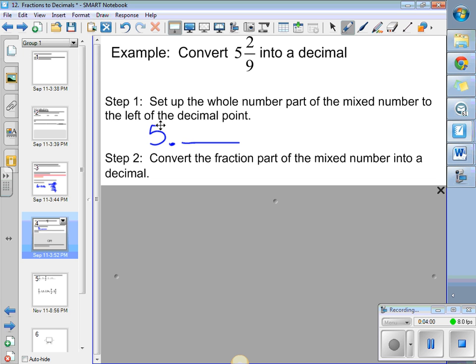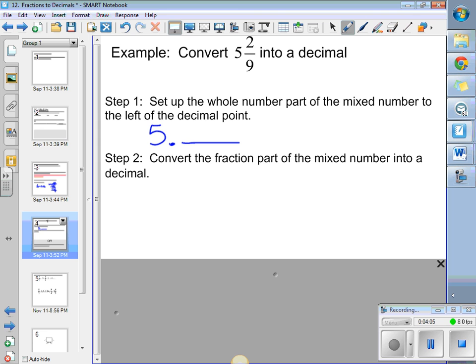Now, we need to convert the fraction part into a decimal. So we've got 2 divided by 9. We're going to just throw some zeros there and see if we need them all. We may not need them all, but let's see.